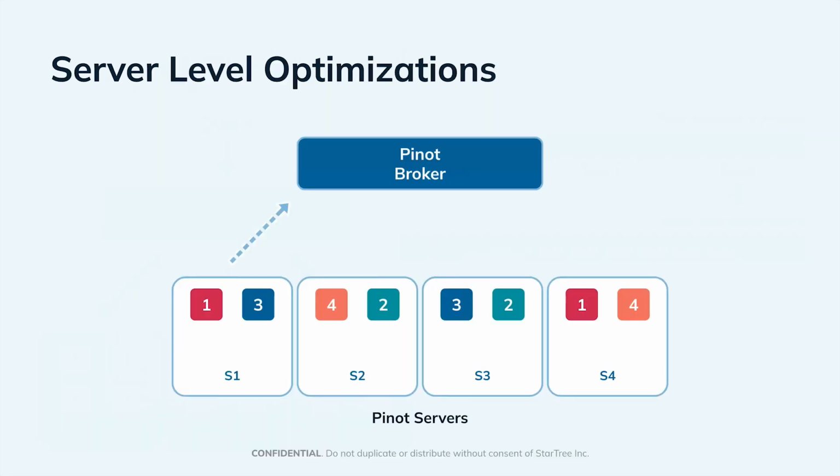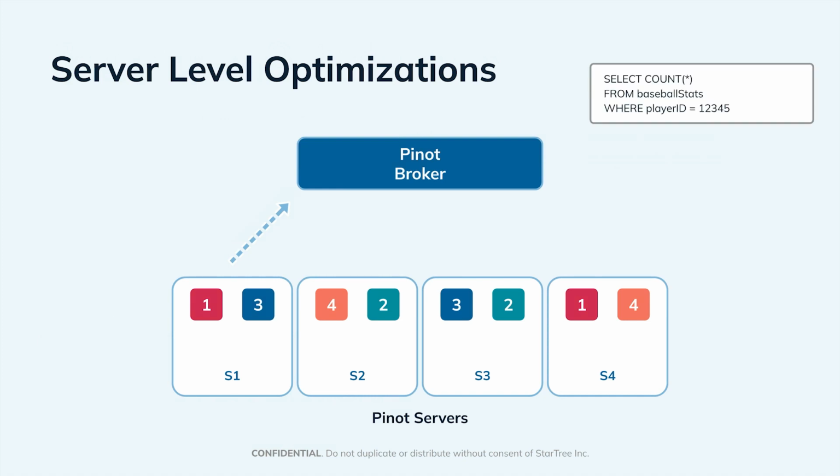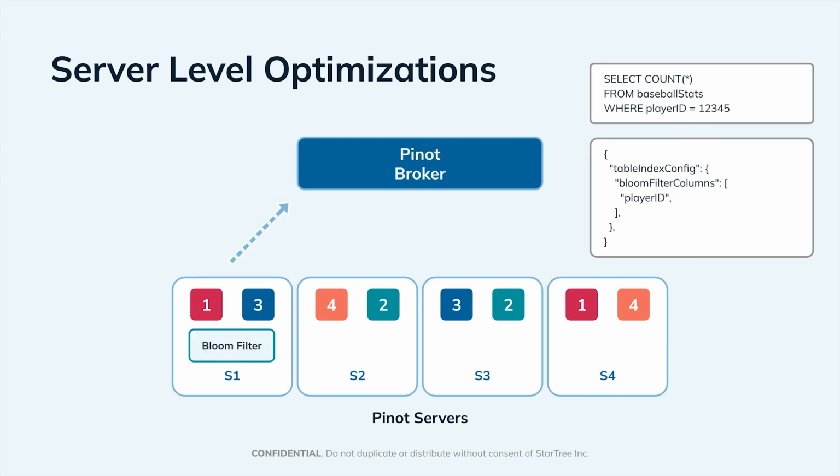So now let's look at what happens in a server. In some cases, you can only prune the segments so much at the broker layer. So we can do further optimization at the Pinot server. Let's assume you're getting a query like this on a different column. You're filtering on player ID, for which you don't have the previous optimizations. In this case, we can define a Bloom filter on this particular column. So each of these servers will have a Bloom filter on player ID.